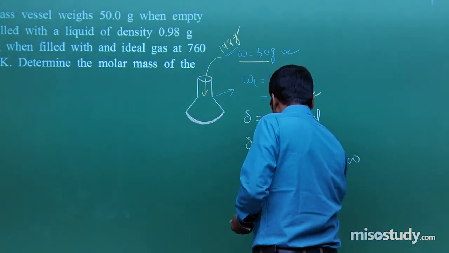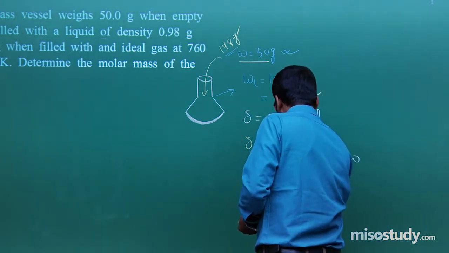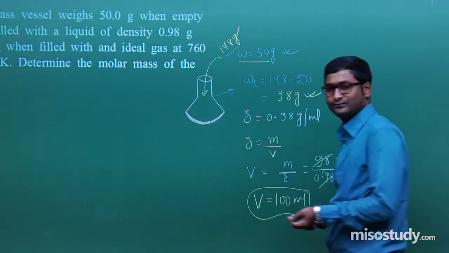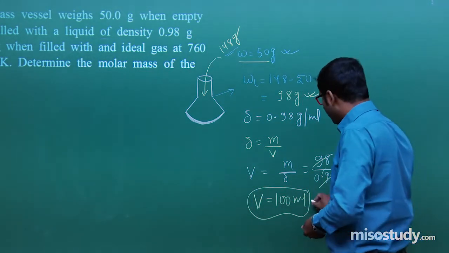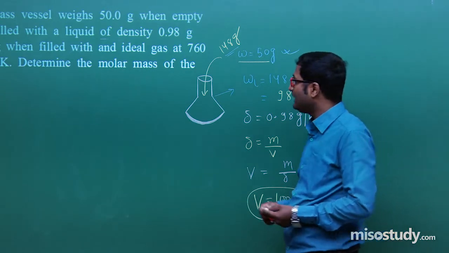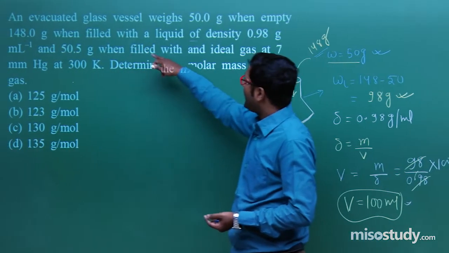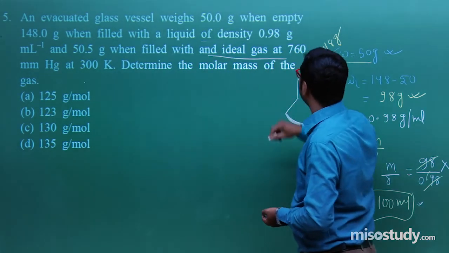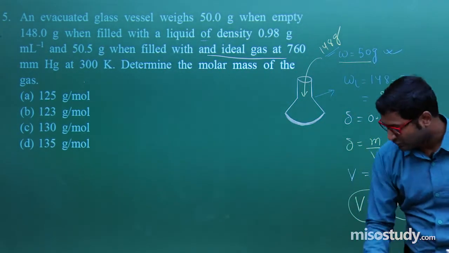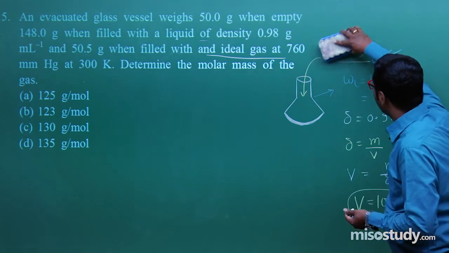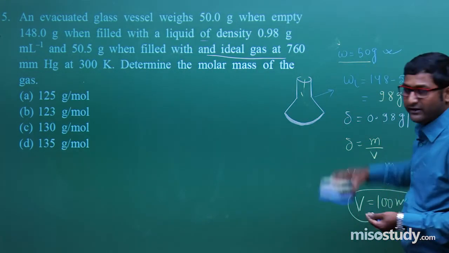So V is equal to 100 ml. That is the volume of the flask. Am I right? Volume of the liquid or volume of the flask. Clear? Now the question arises, and 50.5 gram when filled with an ideal gas. Now in this case, first of all, what will happen? When empty, the weight is 50 gram.